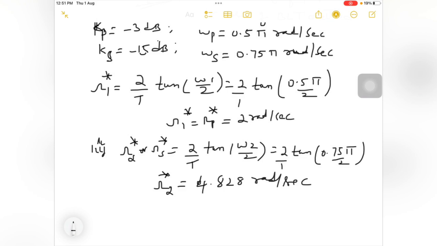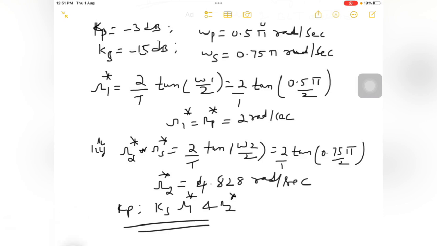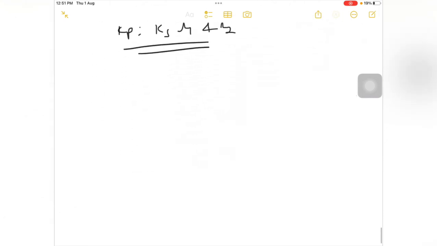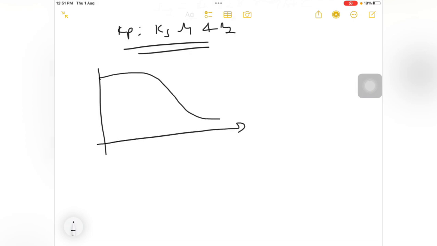Now we know what is Kp, what is Ks, what is omega 1 star and omega 2 star. Now we can design the normal analog filter, then we can go with the digital filter by using bilinear transformation using the corresponding transformation formula. Step 1 is to draw the magnitude response characteristics of low pass filter.